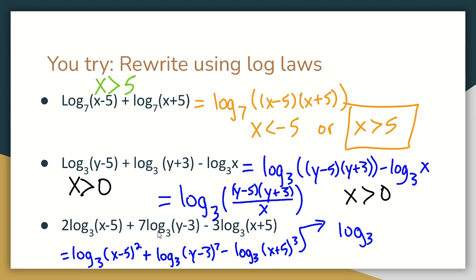So it'll be log base 3 of the quantity x minus 5 squared times the quantity y minus 3 to the 7th over the quantity x plus 5 cubed.